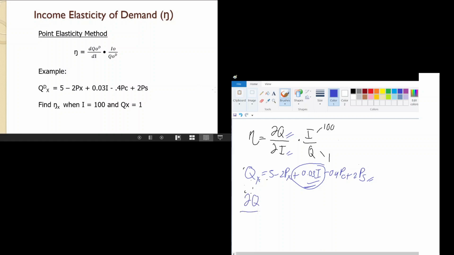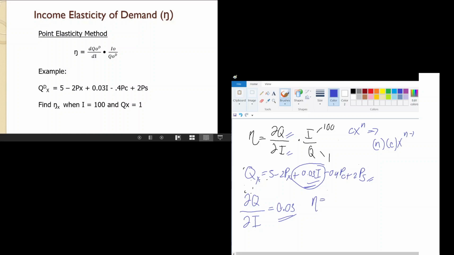Therefore, yung partial derivative natin of q in terms of I is 0.03. So, wag kakalimutan yung pagkuha ng derivative. So, cxn. So, ang mangyayari lang, yung derivative nito magiging n times c, then x, n minus 1. Okay? So, 0.03. Now, we already know the partial derivative of q in terms of I. So, we can now multiply it by I over q.